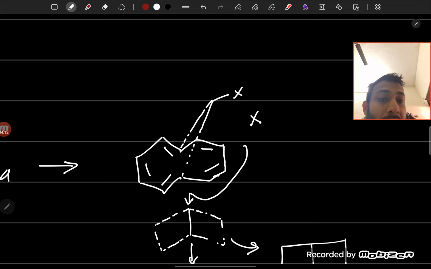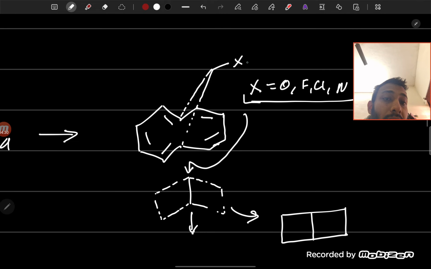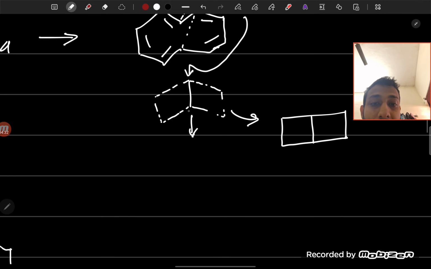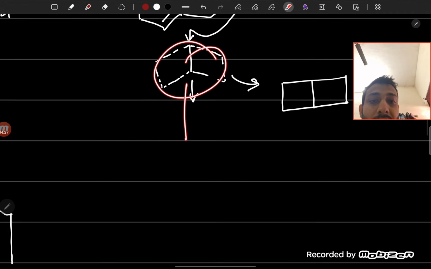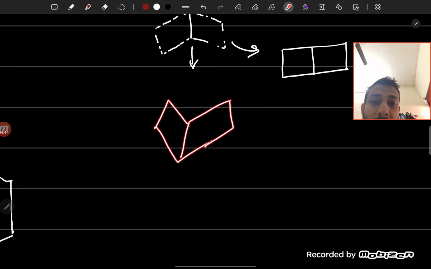One more thing, we cannot place a very big and heavy atom at the X position. X can be a small atom like oxygen, fluorine, chlorine, or nitrogen. They must be small in size, because if we place a heavy atom at the X position, then the planarity will flip to the other side and the ring forms a different structure.